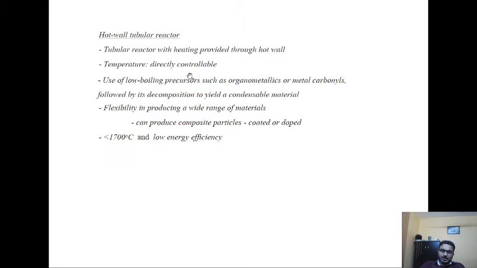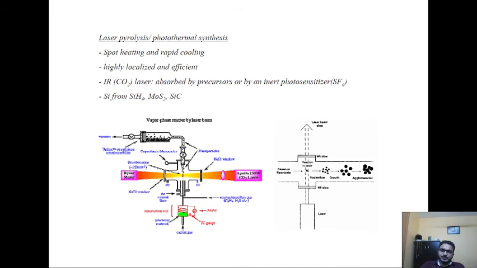Temperature is directly controllable here, and low boiling precursors such as organometallics or metal carbonyls are used, followed by decomposition to yield condensable material. It has flexibility in producing a wide range of materials, and it can produce even composite particles, coated or doped. The temperature is generally less than 1700 degrees Celsius, and it has low energy efficiency. So this is all about the hot wall tubular reactor.